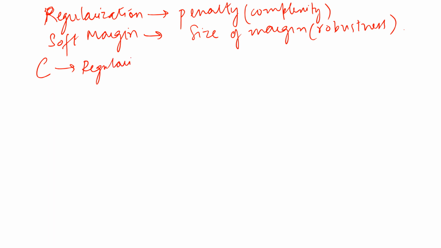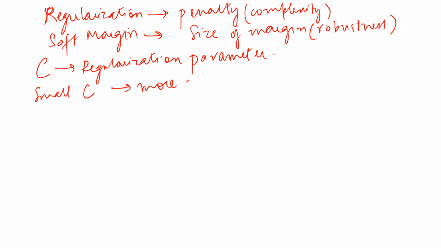It's very similar to the regularization parameter that we looked at earlier. I think we called it lambda, not exactly sure. But the only thing in this optimization problem is that we are focusing more on in-sample error. For example, a smaller c means more robustness. So this is a more robust model.